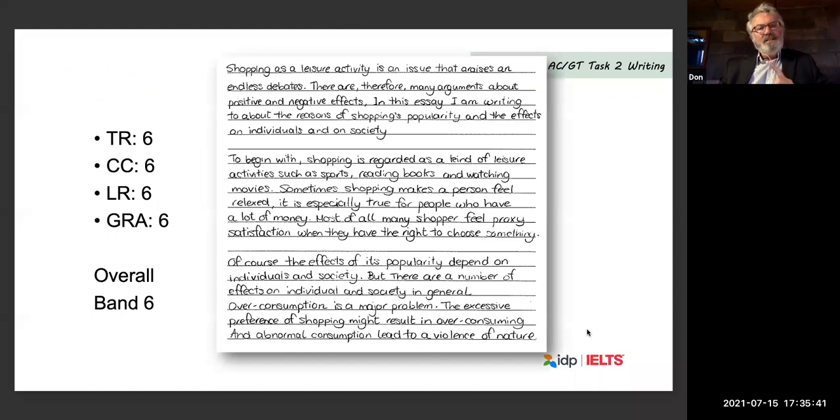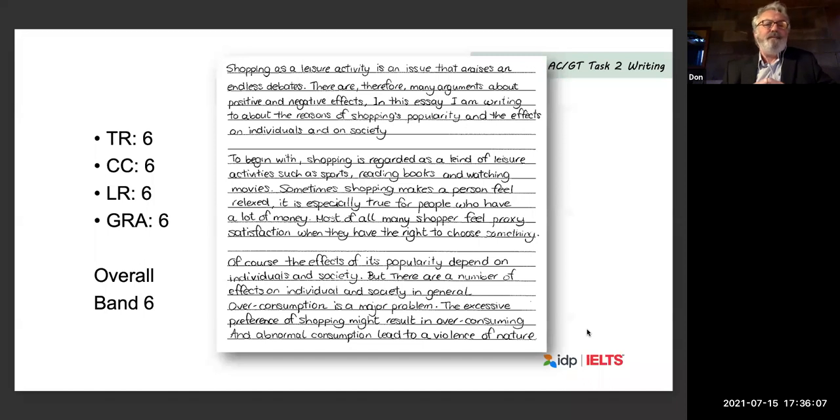Let's look at this essay, which gets a 6, 6, 6, 6. So this is a clear 6. And you'll see as you read this that this essay is not as good as the essay we just looked at. The choice of words is not as wide. The grammar is not as accurate.